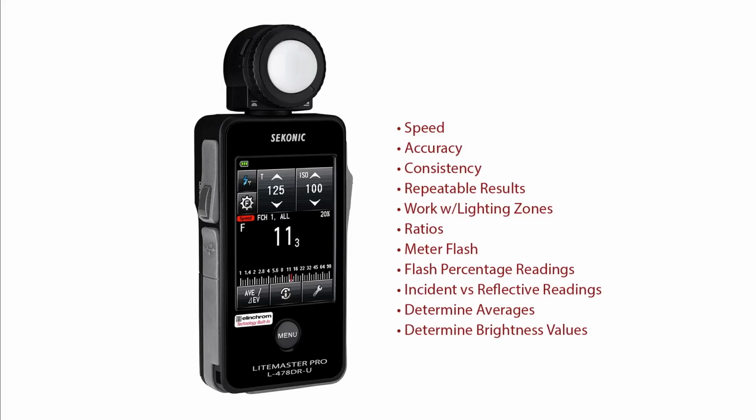You can do a lot of things with both kinds of meter readings. It will allow you to determine averages, so you can average all your lights together and come up with one reading overall, which can be really useful as well. And you can determine brightness values. For example, I could set my key light onto my subject, and if I was using a white background, I could dial in a certain percentage using the reflective meter reading through a spot meter.